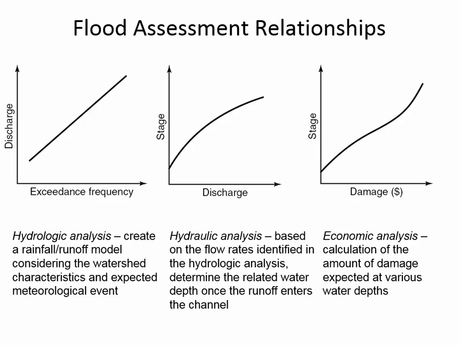And if the water level gets to 12 feet, maybe $3 million worth of damage, and so on. So the economic analysis is making a curve for how deep is the water versus how much is the cost of the damage that's caused by the flooding.